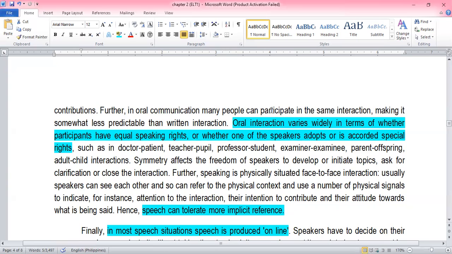If you can remember in your oral communication, di ba, we have different types of speech style. It can be intimate, it can be casual, it can be formal, frozen, ganun. In this case, kapag doctor, patient, teacher, pupil, professor, student, formal language yung gagamitin mo. So, meaning there's a different type of patterns, language patterns that you have to take note of, okay?